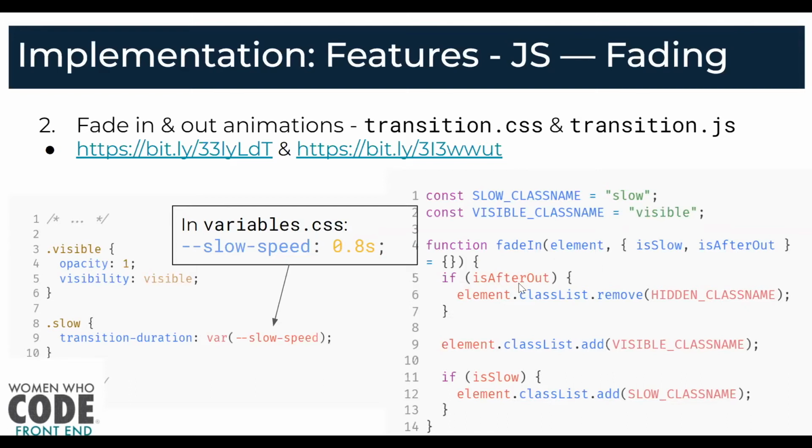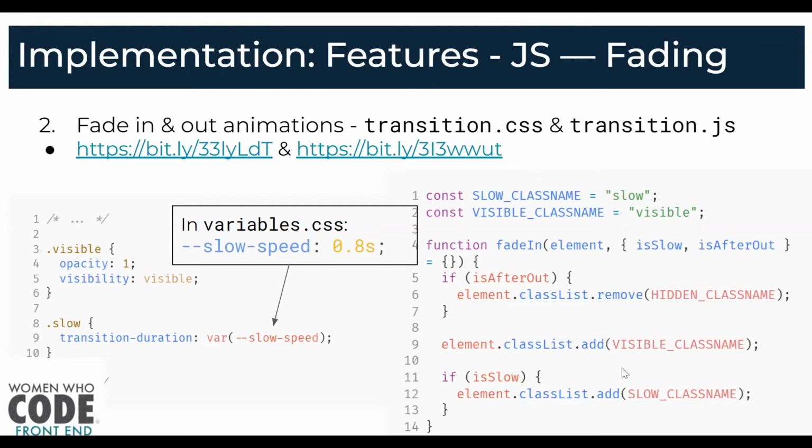So if this is after fading out, then we remove the hidden class name, as you'll see later. Otherwise, we add visible.